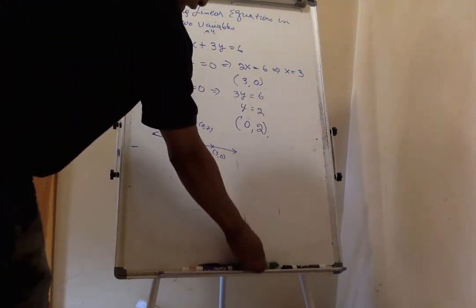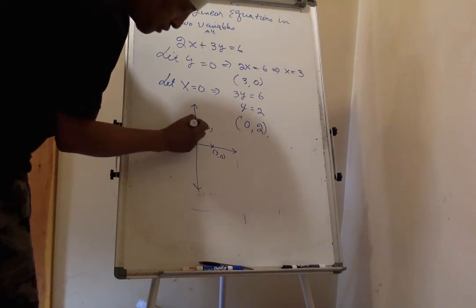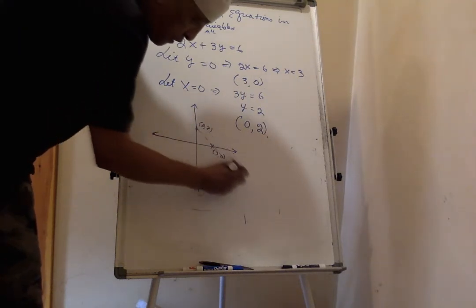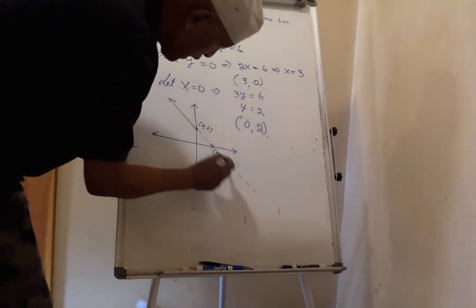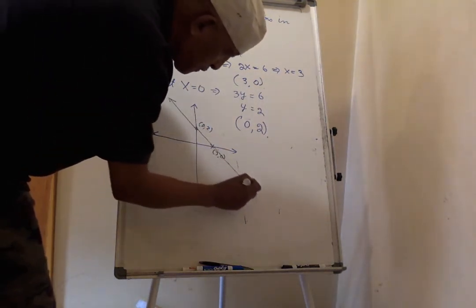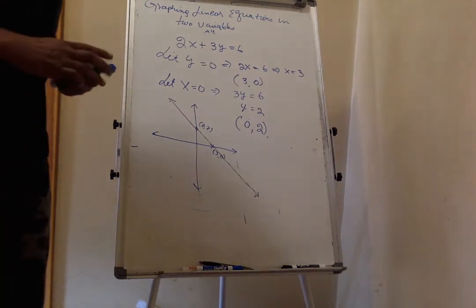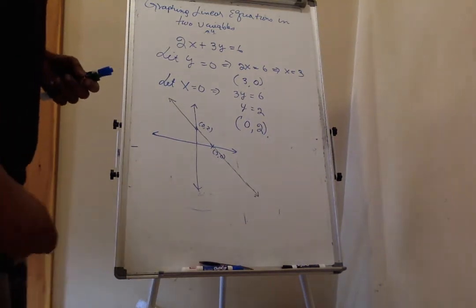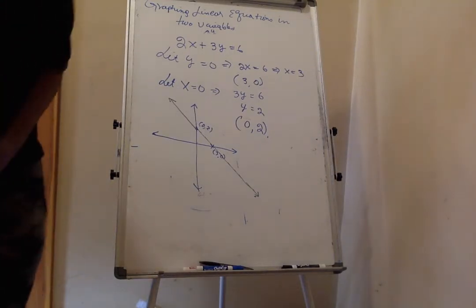And you go ahead and connect these two points, and you have the graph of 2x plus 3y is equal to 6. So it's pretty much straightforward. Go find your intercepts and then plot the points.